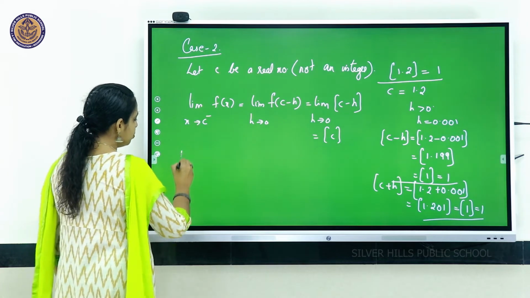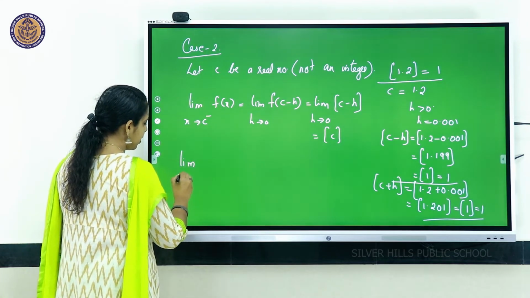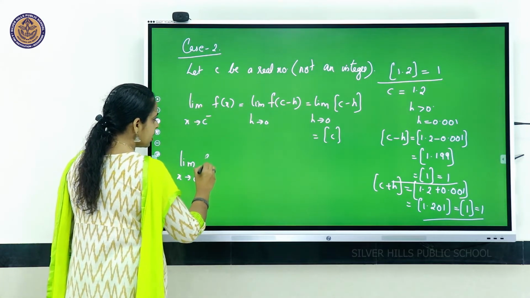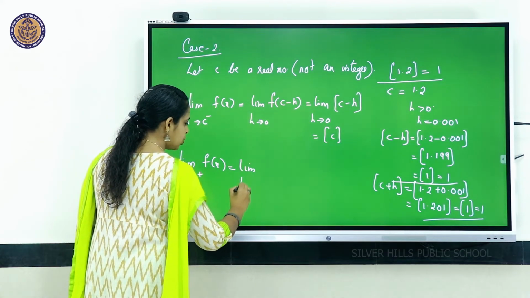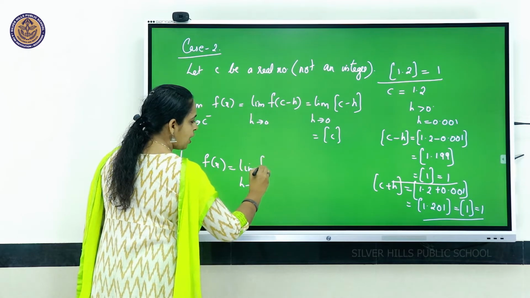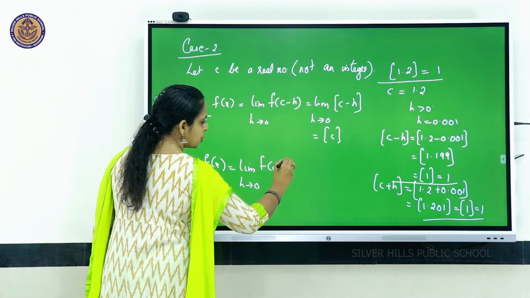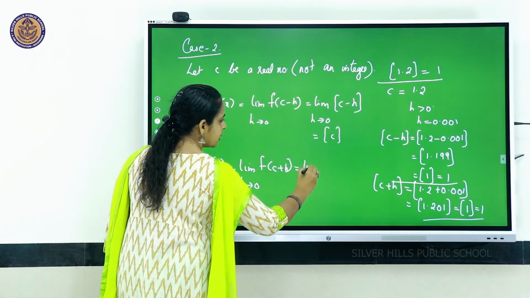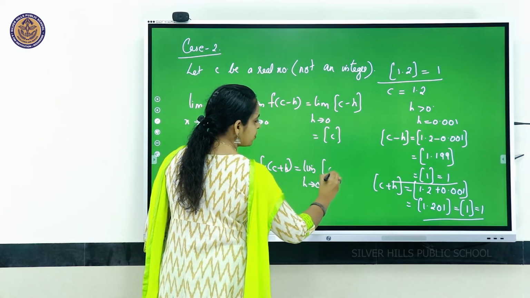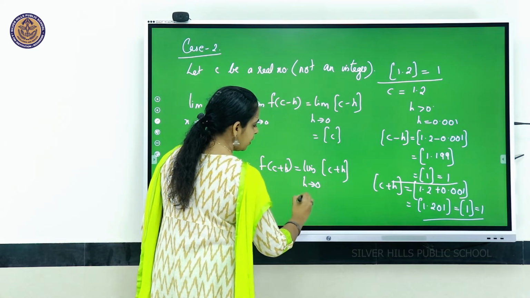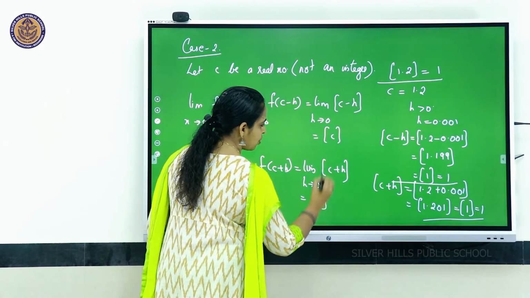If we come to the right side, limit x tending to c plus of f of x equals limit h tending to 0 of f of c plus h, we will get limit h tending to 0 of box of c plus h, again equal to box of c.